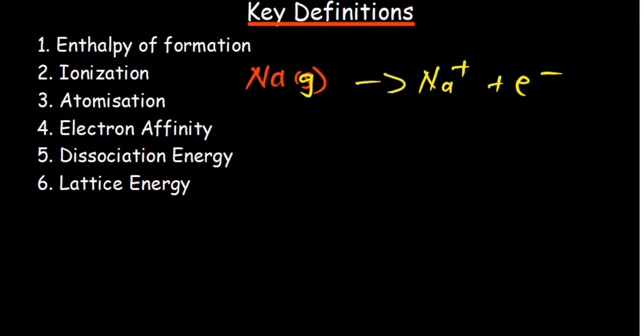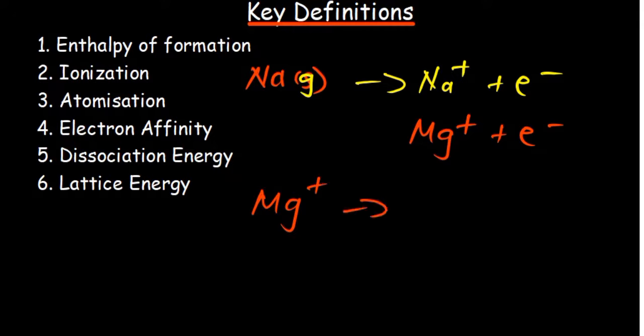The ionization energy. So in a case where we have, let's say, the first ionization energy of magnesium giving Mg+, there is also a second ionization energy, which involves the ion losing another electron, making it Mg2+. But for sodium, that is not possible.